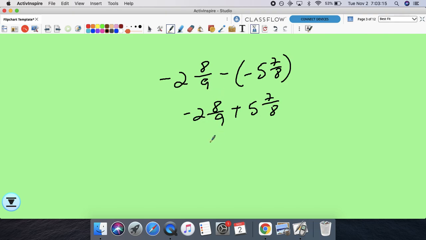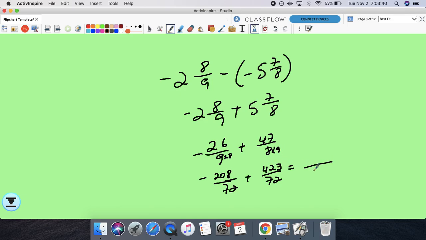Negative 26 over 9 plus 47 over 8. Sorry, this is negative times 8, right, so we can get 208, and then times 9, and on top times 9 again, so 423, that's what I'm getting.